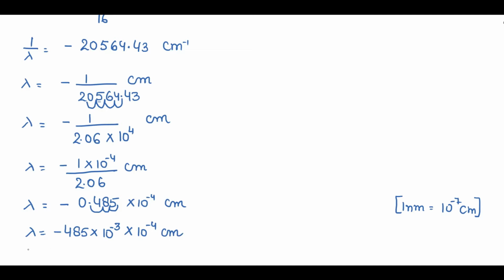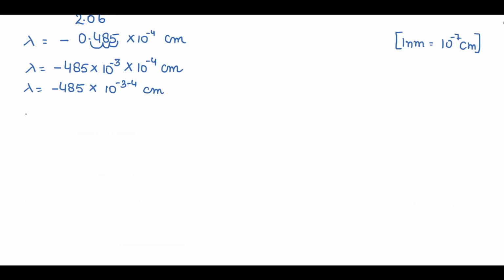These two powers are in multiplication, so you can simply add them. Minus 485 into 10 raised to power minus 3 minus 4 centimeter. Minus 3 minus 4 will be minus 7. So minus 485 into 10 raised to power minus 7 centimeter. I know that 1 nanometer equals 10 raised to power minus 7 centimeter. So lambda will be minus 485 nanometer.